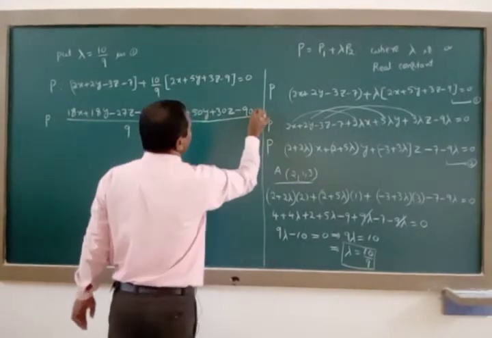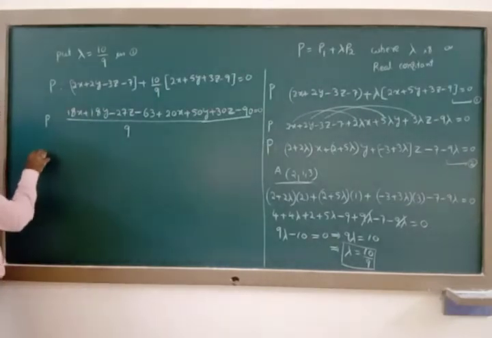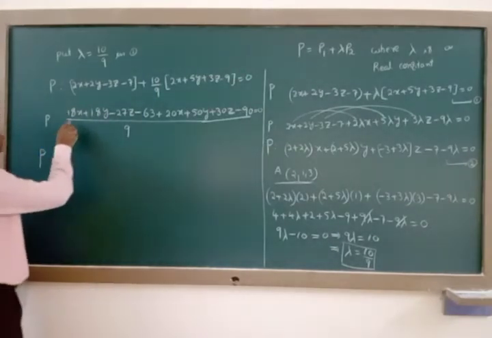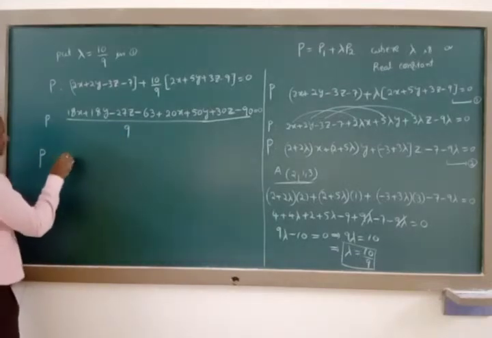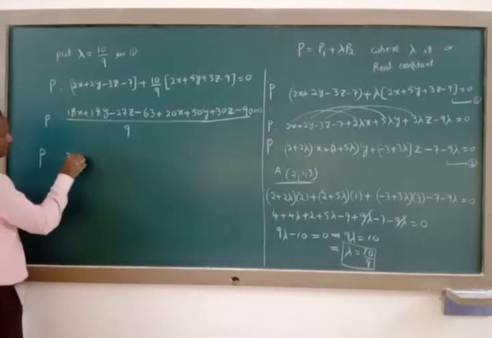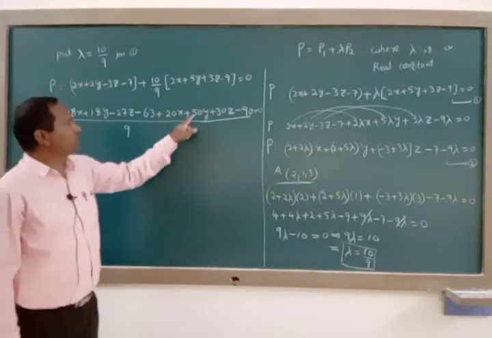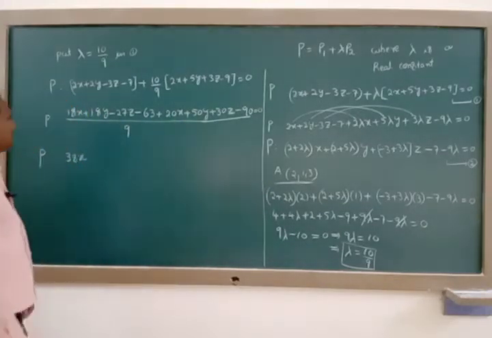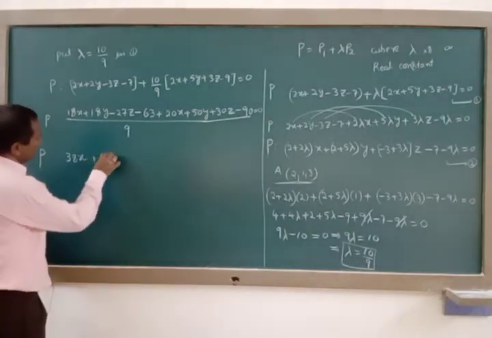Is equal to 0 here. That is, P says that 18x plus 20x, totally 38x. 18y plus 50y, 18 plus 50 means 68y.